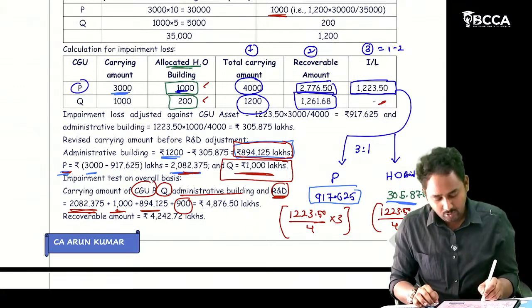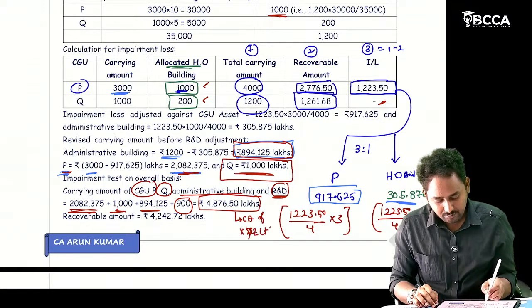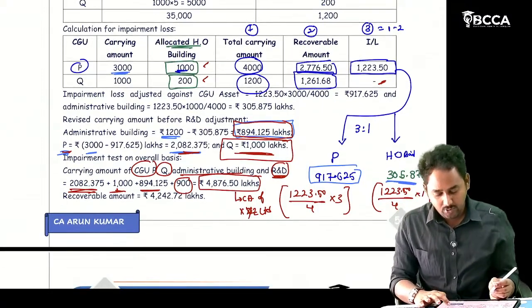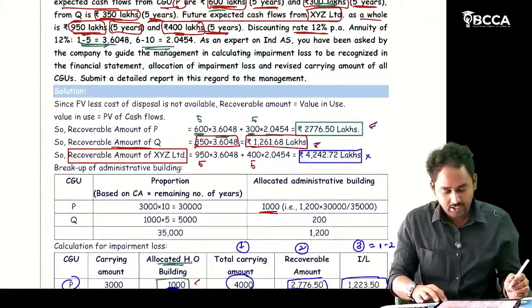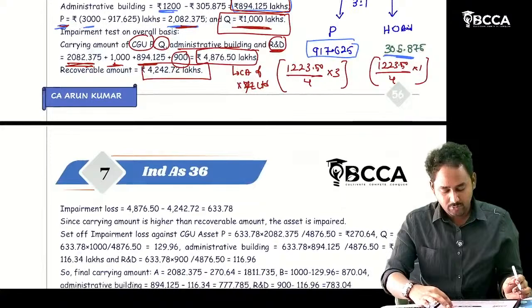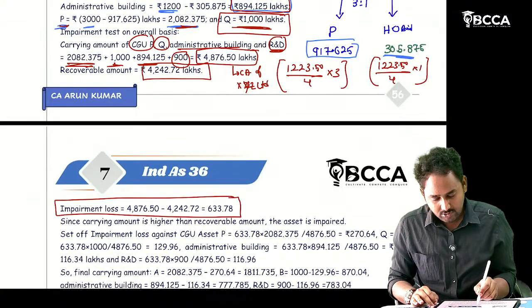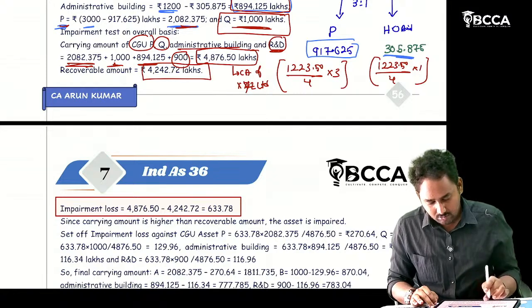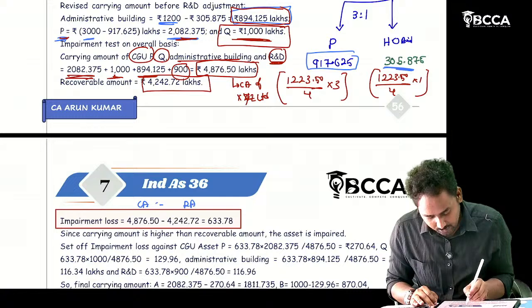So what is the total carrying amount of the entire XYZ Limited? What is the recoverable amount of XYZ Limited? 4242.72. We already calculated it here. And what is the total impairment loss of the entire organization? Impairment loss is carrying amount minus recoverable amount.